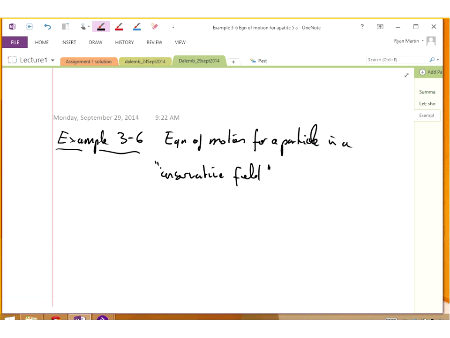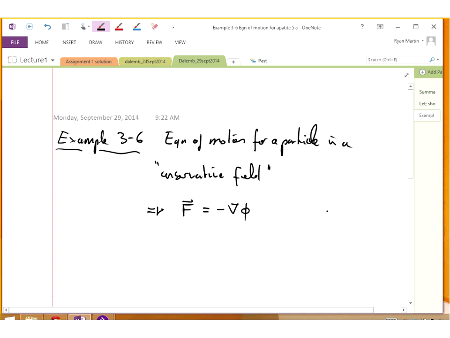You're going to remember from undergraduate physics that when you have a conservative force, the force can be written as the gradient of some field. So in general, we can write the force F to be minus the gradient of some potential phi.